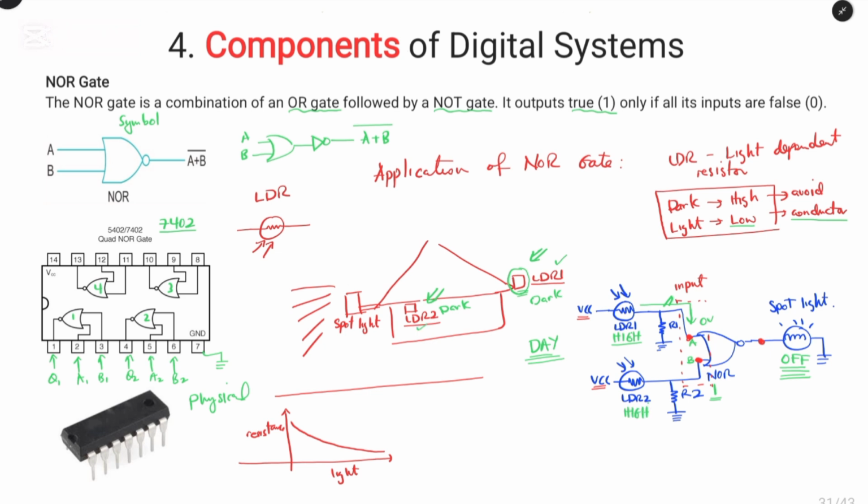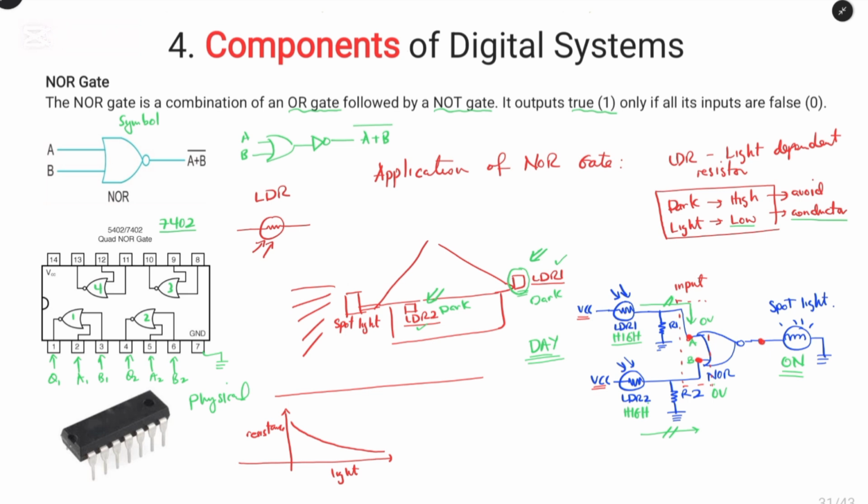Now what will happen? No current will pass through. Therefore, at input A we will have 0 volts, and at input B we will also have 0 volts. Now with 0 and 0, the output of the OR gate will be 0. When we invert, it will be 1. Now we will have the spotlight on.